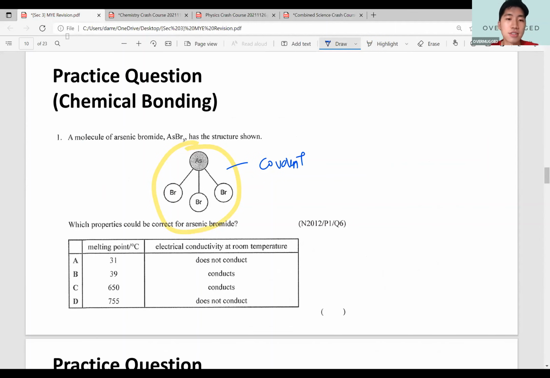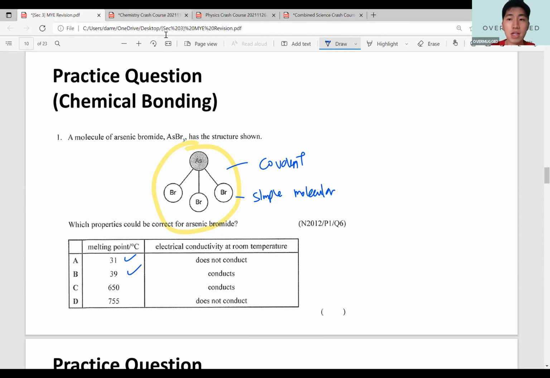Is this a simple molecular compound or a giant covalent? Simple molecular, right? Giant covalent, there's only three: diamond, graphite, and silicon dioxide. Therefore, what do we need to know about the melting boiling point? Is it high or low? Remember, for simple molecular structure, it has low melting boiling point.